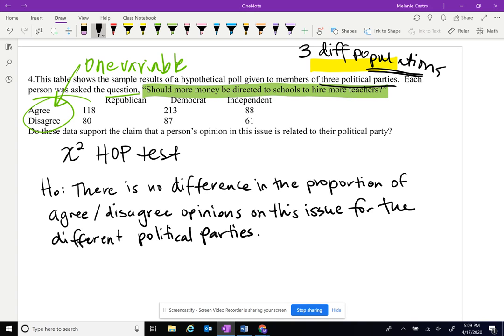The proportions of Democrats who agree is not different from the proportion of Independents that would agree, and so forth. Our Ha would be that there is a difference.